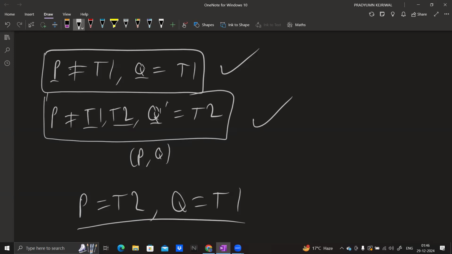So the next node is definitely type 2 because Q is a leaf. So Q dash is adjacent to a leaf, so it is type 2. Sorry, P not equal to type 2. My bad. P not equal to type 2.